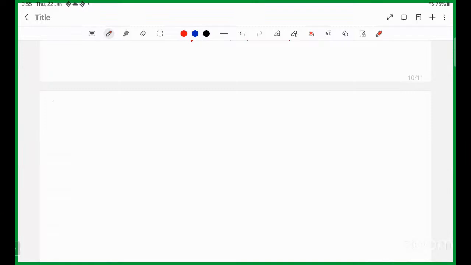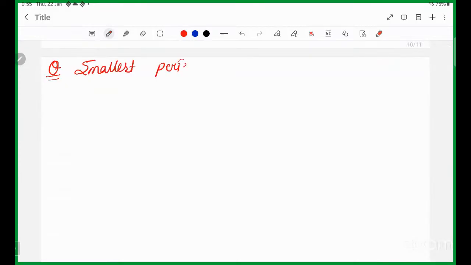Sometimes a question is asked like: smallest perfect square which is divisible by 3, 4, 5, 6.